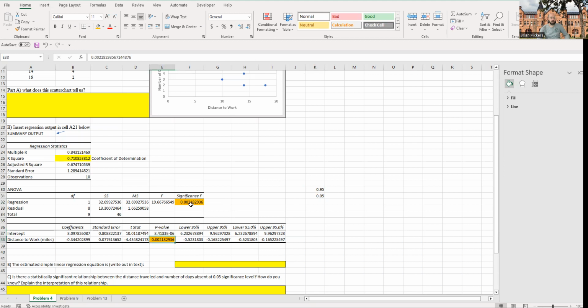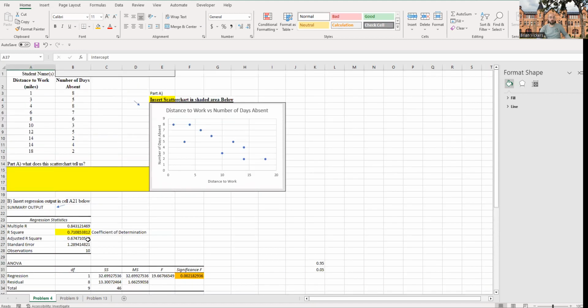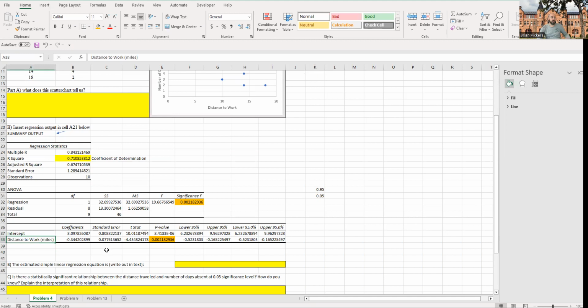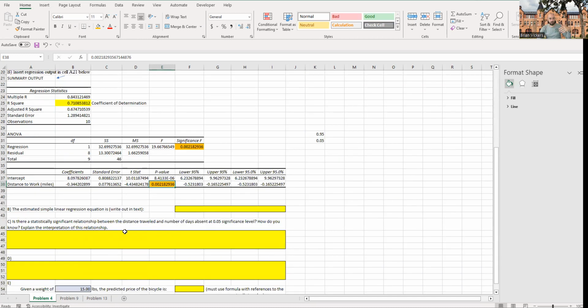The p-value means that, we're not going to get into hypothesis testing because you should have done that in business statistics, but the idea is my hypothesis is that distance to work has an effect on number of days absent. Then you test the null hypothesis, which is that distance to work does not have an effect on number of days absent, right?